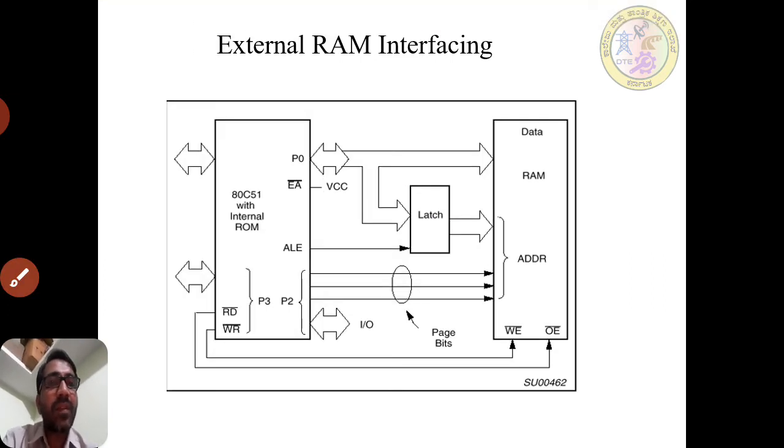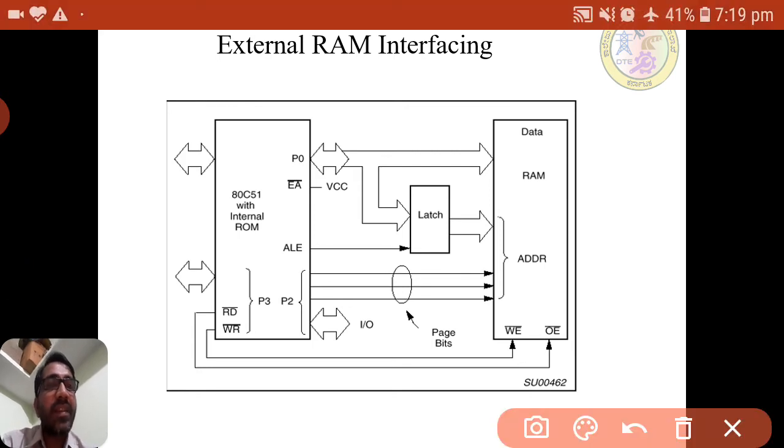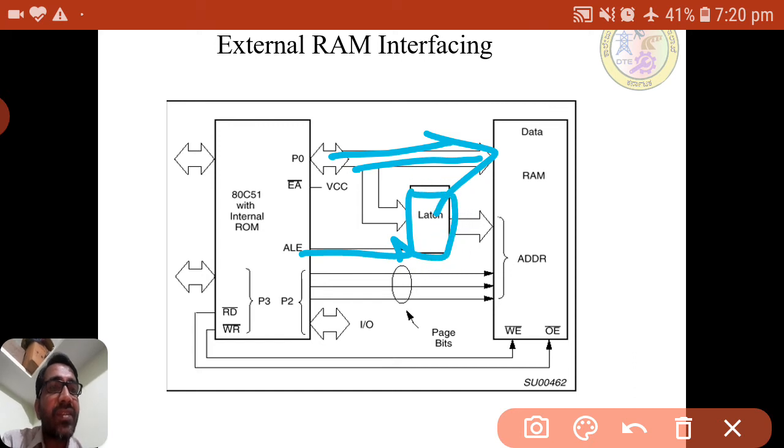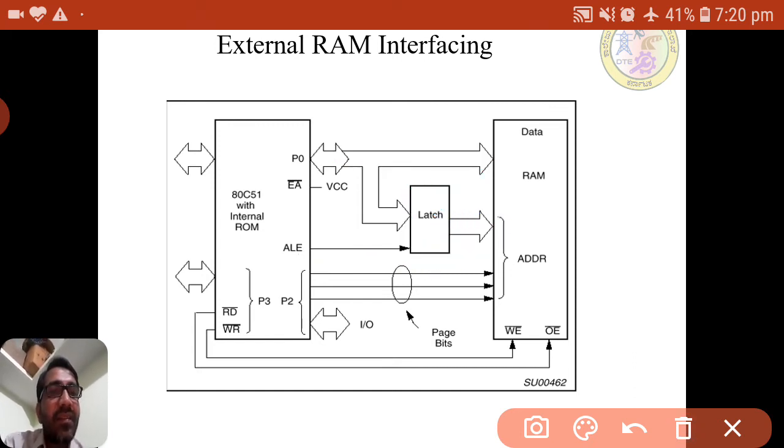If you come to RAM interfacing, similarly here, the same data bus is connected. The ALE signal is again used to latch and give the address values, and here the P2 address lines, instead of a bus, are shown as different lines.